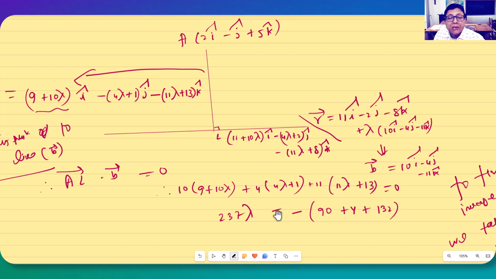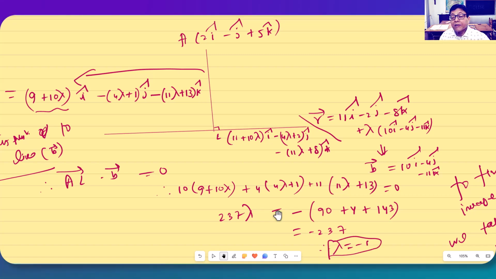Clear? Because we take 90 on the right side, 4 into 1 on the right side, 13 into 11, that is 143. Sorry, 143 over there. So 147, plus 90 is 237 only. So it is minus 237. Lambda will be minus 1.